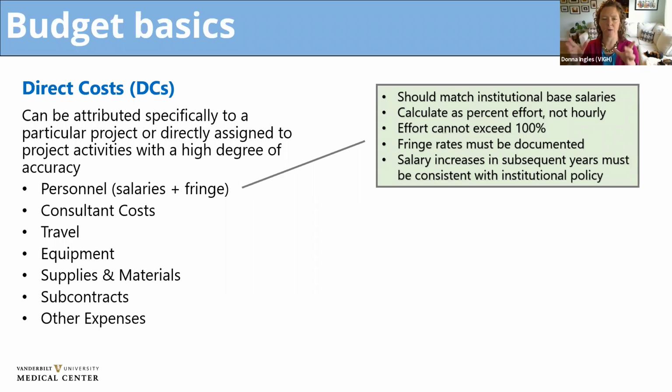So if you propose a salary for a person in year one, and then you increase it by 2 or 3% in the out years, they may or may not award that. And we see very different results based on who we're applying to. Some NIH institutes just go ahead and allow it, and some have been very strict about not allowing it. So just be aware that that may not be honored. But if you do include them, it should be consistent with your institutional policy.